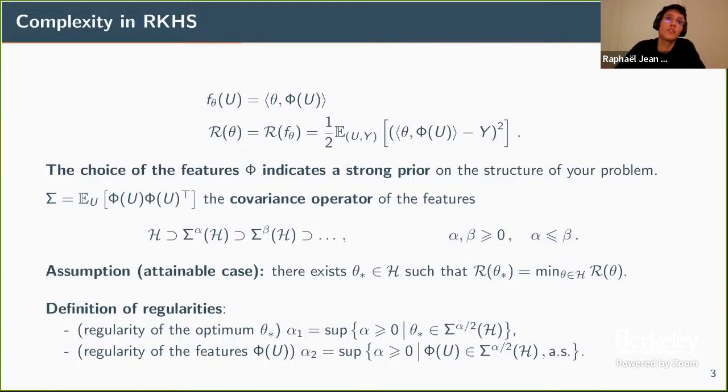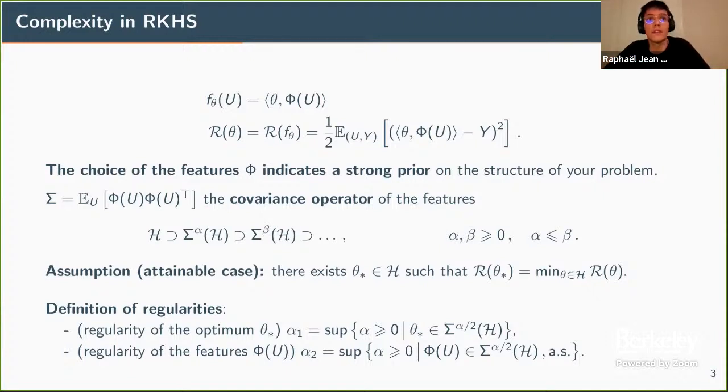So of course, the choice of your feature phi or the choice of a kernel indicates a very strong prior on the structure of your problem. And actually, it will define regularity classes on your Hilbert space H. And so how do you define those regularities? You take the covariance operator of your features.